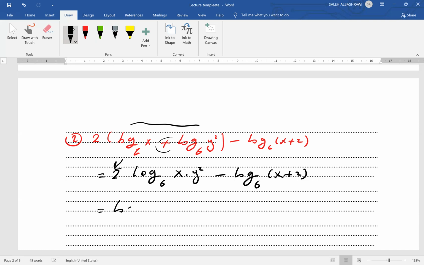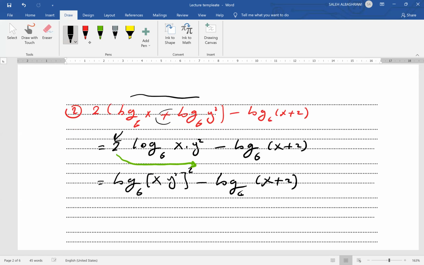I have log base 6 of x y squared, all to power 2, minus log 6 of x plus 2.